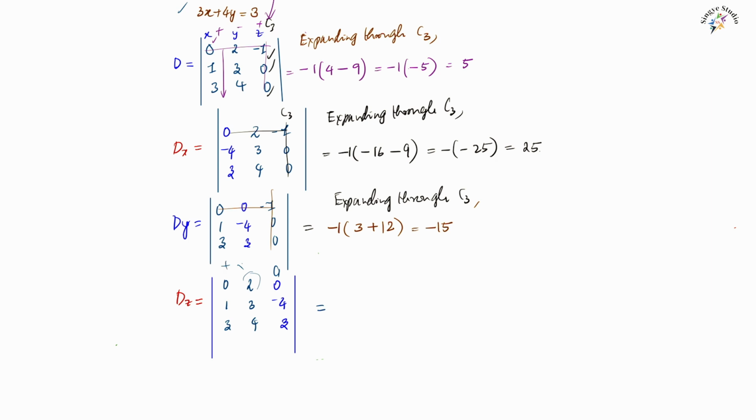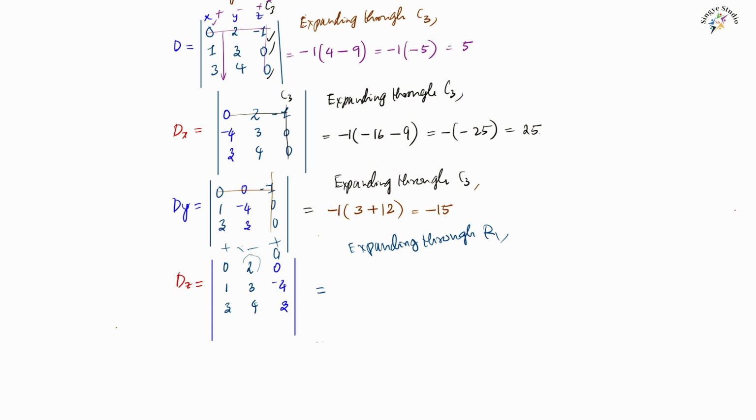So we have plus, minus, and plus. By expanding through R1, we will have negative 2 times this, and this will get deleted. So it will be 1 times 3 is positive 3, then 3 times negative 4 is negative 12, times negative 1 is just 12. So it will be negative 2 times 15, which is negative 30.